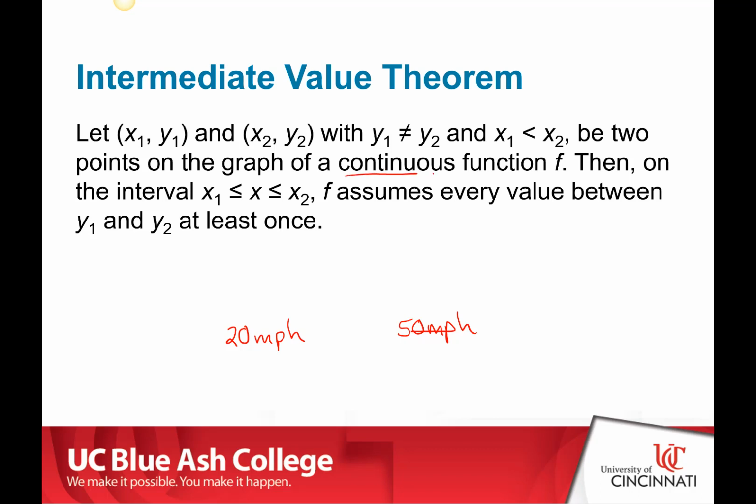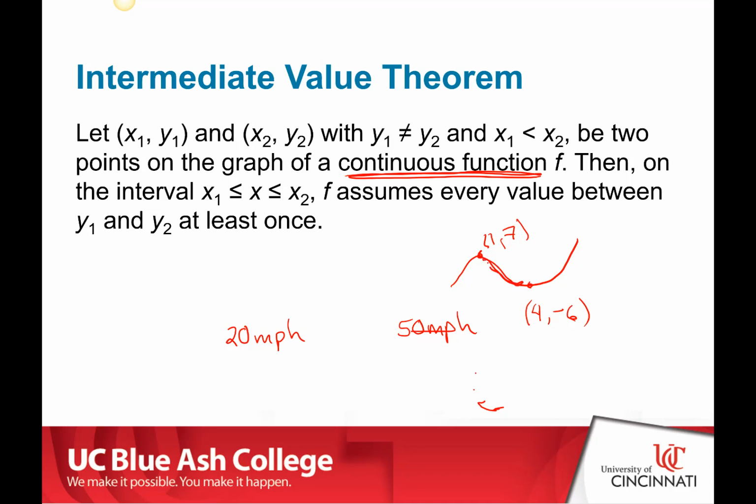And that's exactly what this says: if it's continuous, if there are no breaks, and you've got a low value and a high value, the function will take on every value in between those. Guaranteed. So if you have a function that goes like this, and we've got a high value here, let's say this is the point 1, 7, and this is the point 4, -6.